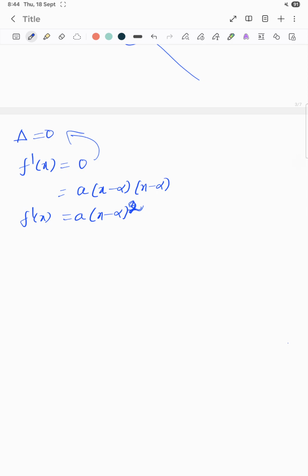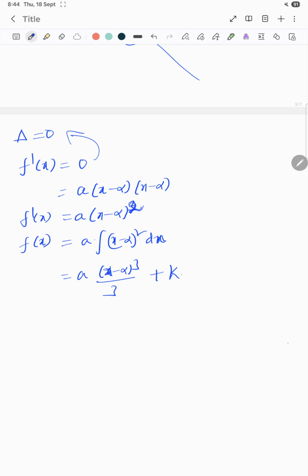Now I have f dash of x. How will I get f of x? Just the antiderivative, that is integration: a into the integral of x minus alpha whole square dx, that is a into x minus alpha whole cube by 3 plus some integration constant k.